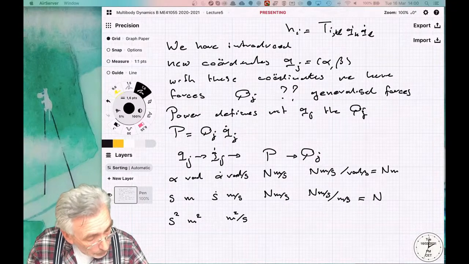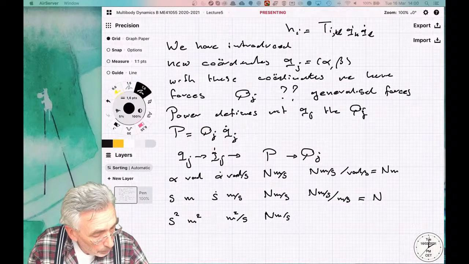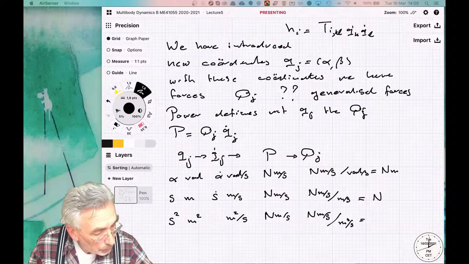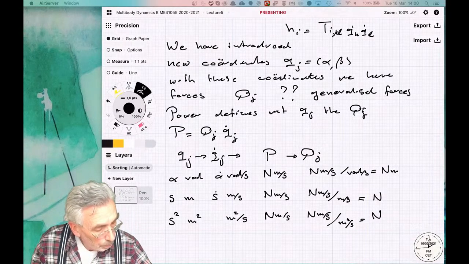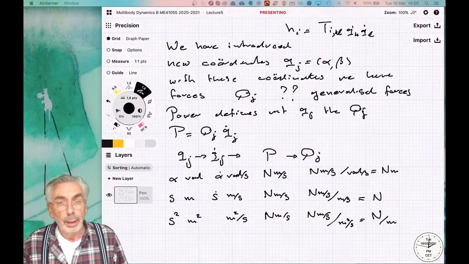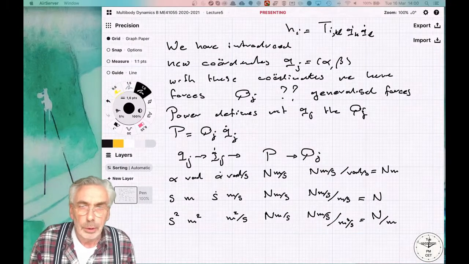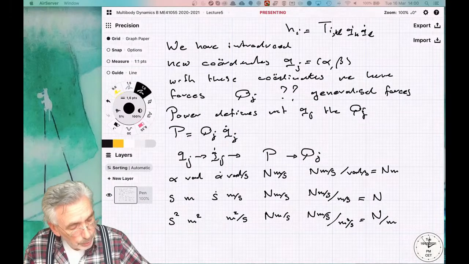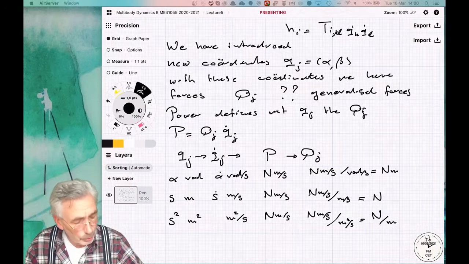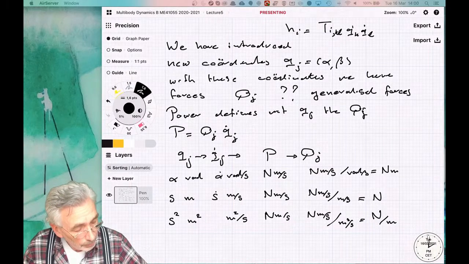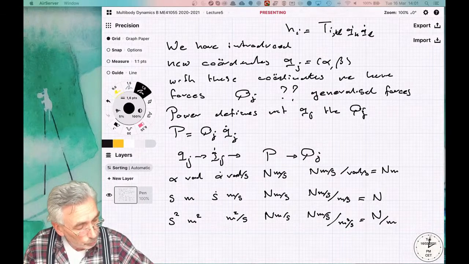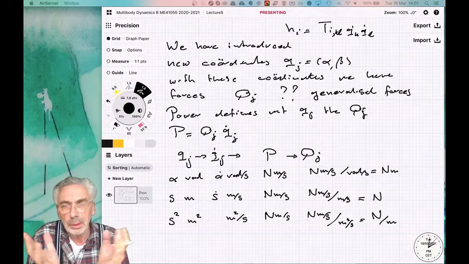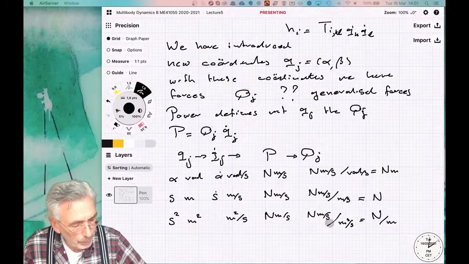But still, power is of course Newton meter per second, meaning that this Newton meter per second divided by this meter squared per second results in Newton per meter. Smells like a stiffness or something like that, but it just shows us that if we can define anything as a generalized coordinate, as long as it has a physical dimension, then power ties it to a generalized force, and it also has some dimension, and we can make a picture of that, like what we imagine by that, but in this case it's rather hard.